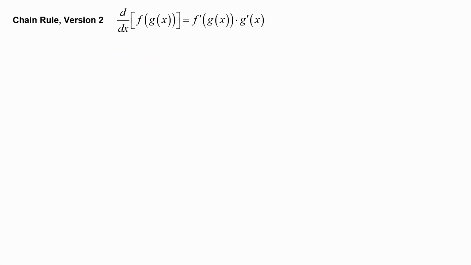Now you will learn how to use version 2 of the chain rule, which is that the derivative with respect to x of a composite function, f of g of x, is equal to f prime of g of x times g prime of x. And we refer to this multiplying by g prime of x as applying the chain rule piece.